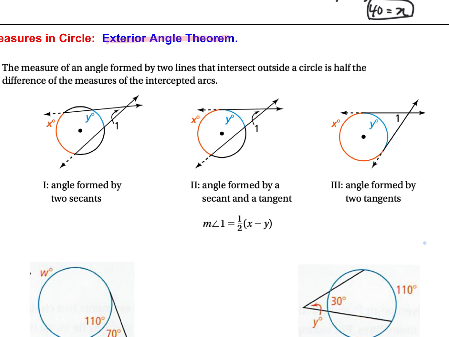Simply said, the measurement of angle 1 is equal to 1/2 multiplied by the difference of x and y. Here, x is going to be the larger arc, and y is the smaller arc. Same with case 2 and the same with case 3.